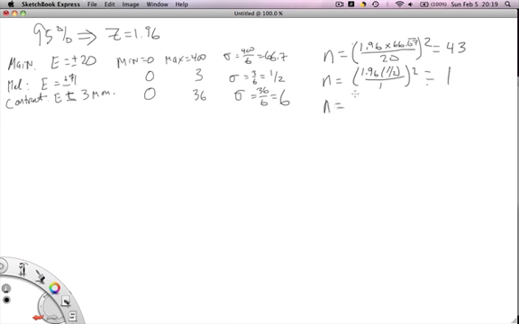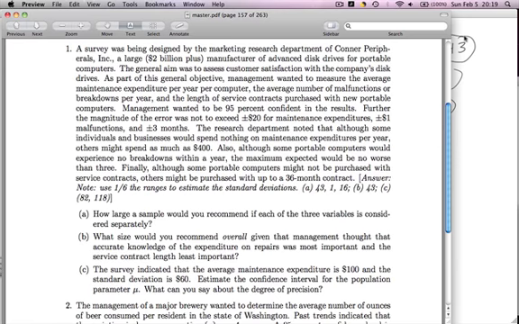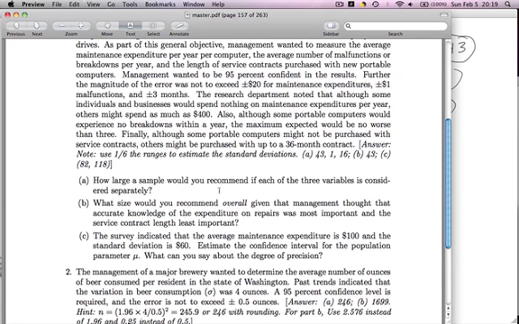On the last one, we have 1.96, and then the standard deviation is 6, divided by the acceptable margin of error, which is 3. And so you're going to need a sample of 16 if you wanted to estimate the third one separately.